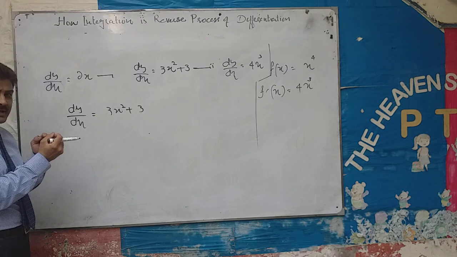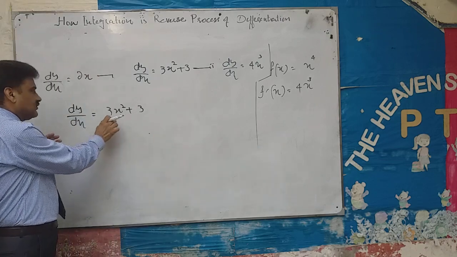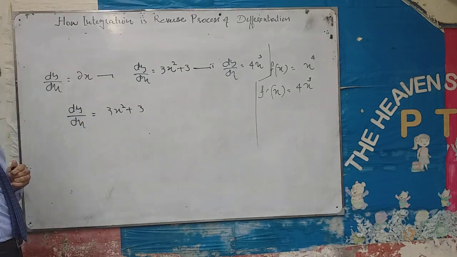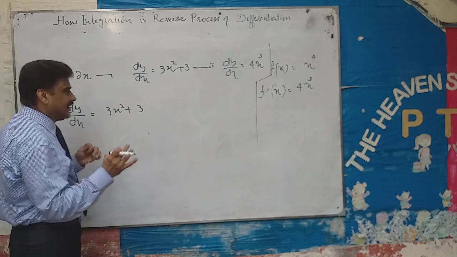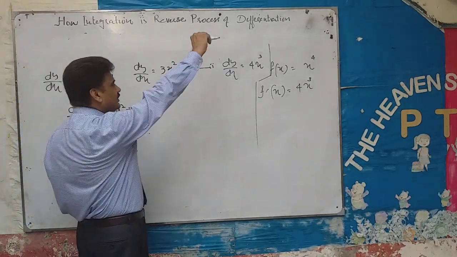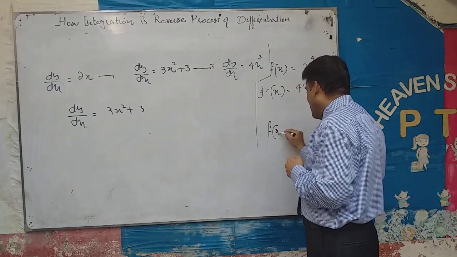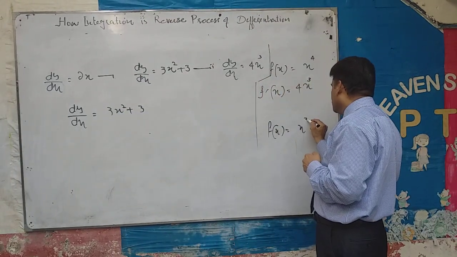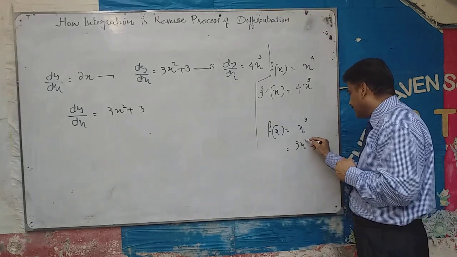We have to apply the process that is the opposite of differentiation. Imagine which function, when we differentiate, gives 3x square. Obviously, when we differentiate the function f of x is equal to x cube, we get its derivative, which is 3x square.